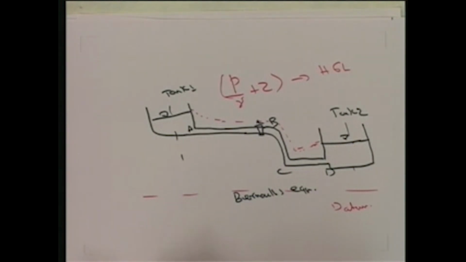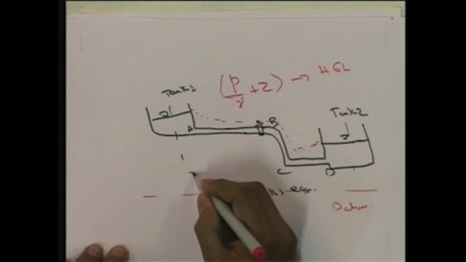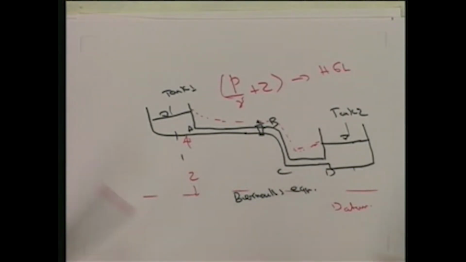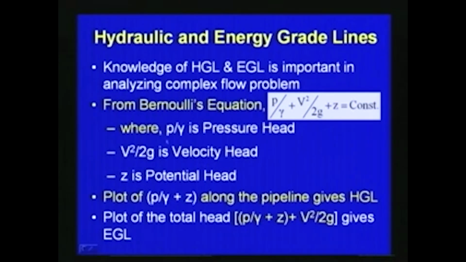The plot of P by gamma plus Z plus V square by 2g gives the energy gradient line. So, these two lines we can plot for the given pipeline system. One is P by gamma plus Z, which gives the hydraulic gradient line, and the other is P by gamma plus Z plus V square by 2g, which gives the energy gradient line.